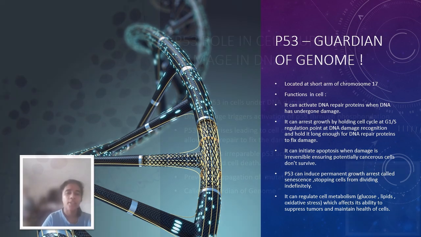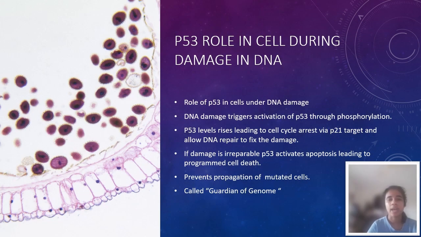So how does it actually play a role where there is damage in the DNA? When the DNA is damaged, it triggers activation of p53 through phosphorylation, which leads to a rise in p53 levels. That in turn causes the cell cycle to be arrested by targeting specific genes like p21. p53 works majorly as a transcription factor.